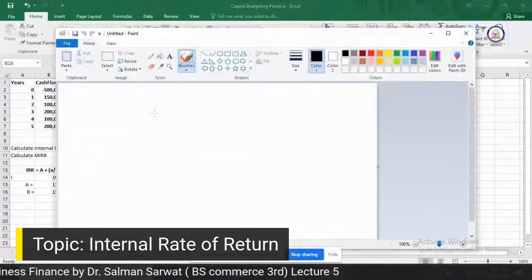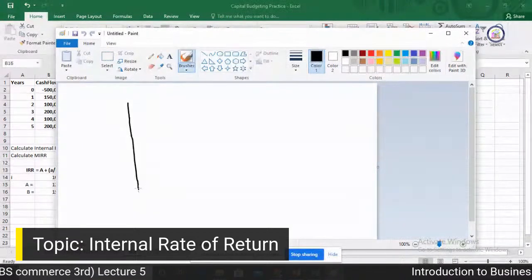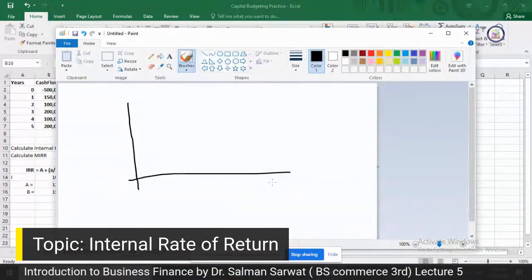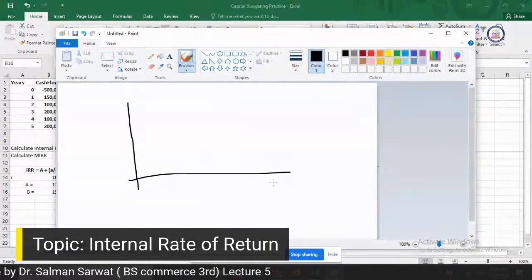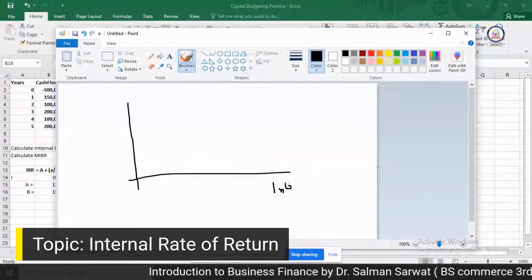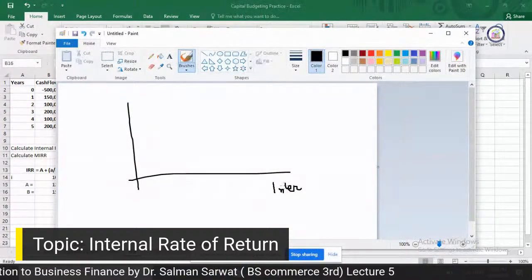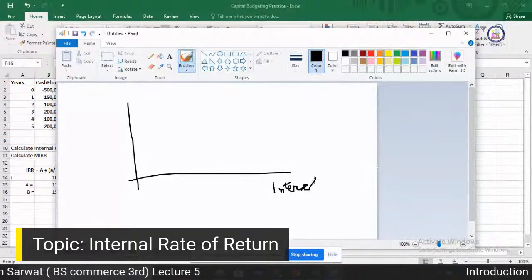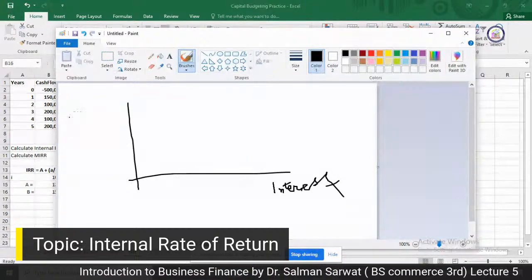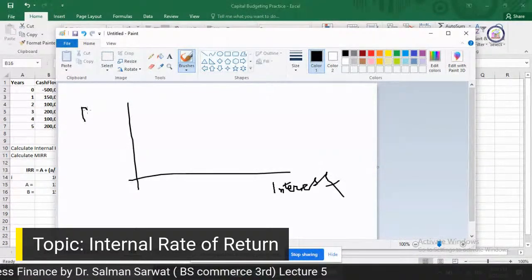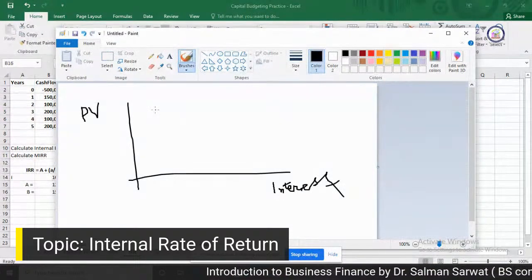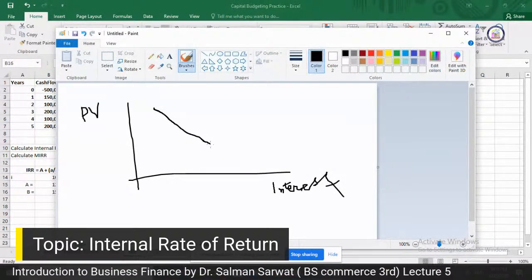Let's suppose this is your graph. Here we take the rate, that is the interest rate, and here we have the present value. So there is an inverse relationship. When we say inverse relationship, it means that we will get a downward sloping curve.